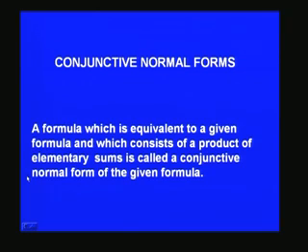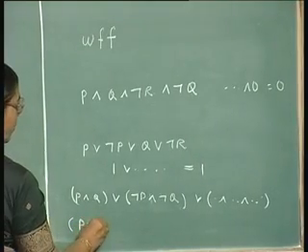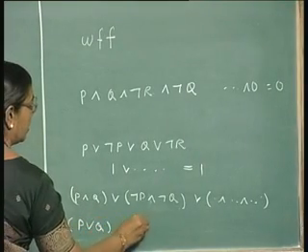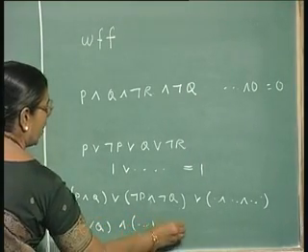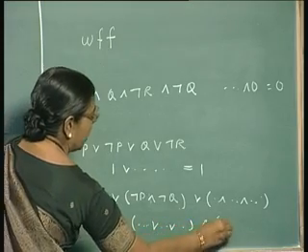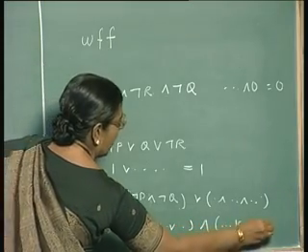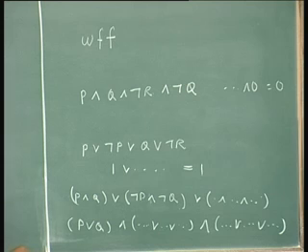So, it will be something like P or Q and something or R. This is called conjunctive normal form.